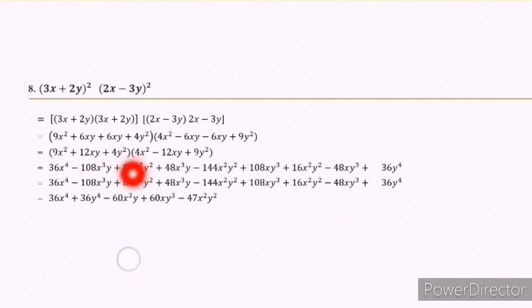Then 4y squared times 4x squared is equal to 16x squared y squared. Then 4y squared times 12xy is equal to 48xy cubed. 4y squared times 9y squared is equal to 36y raised to 4.